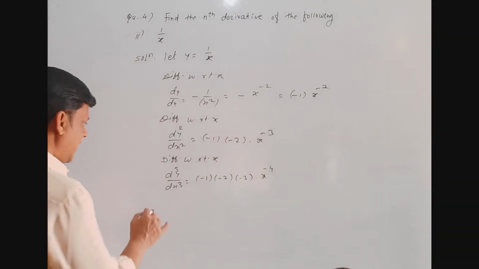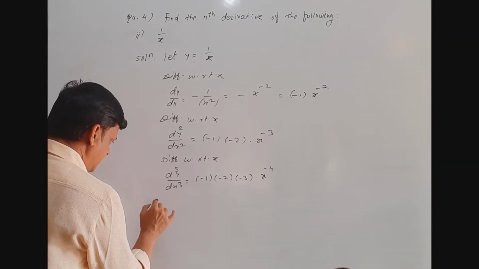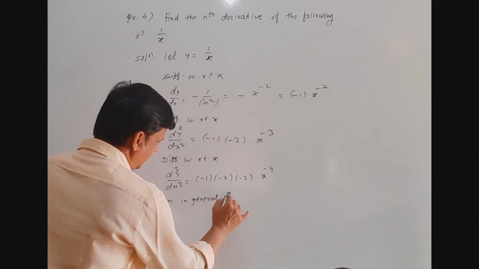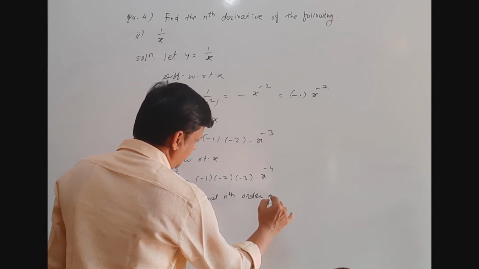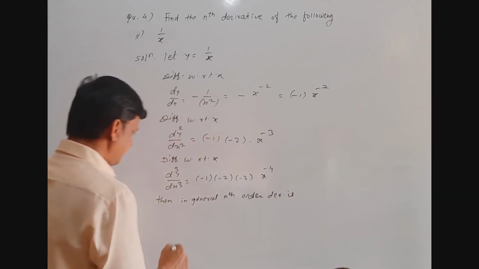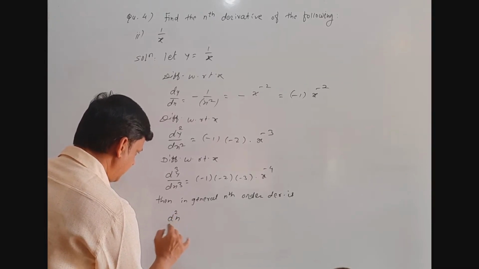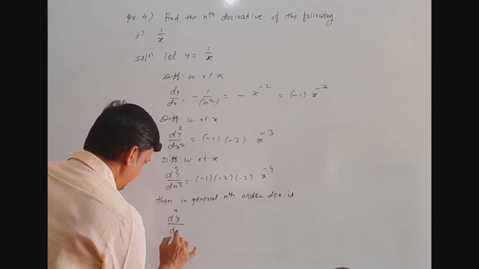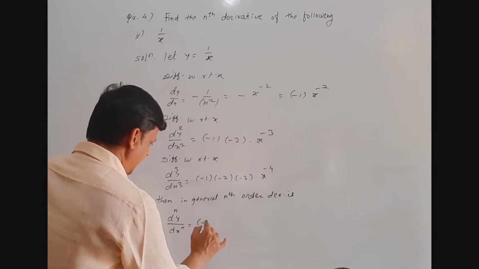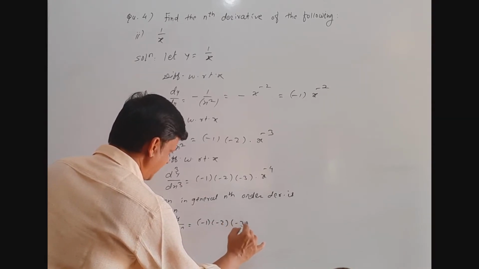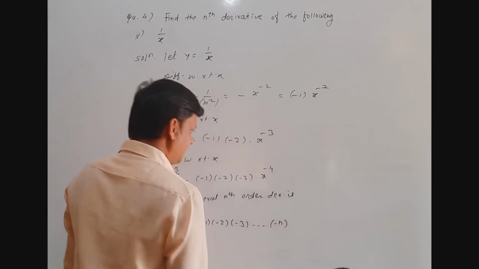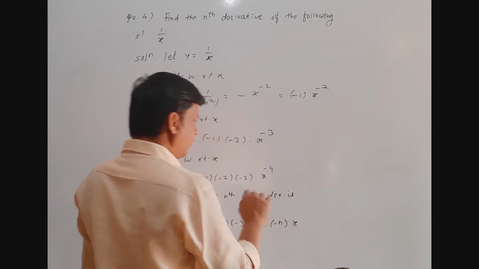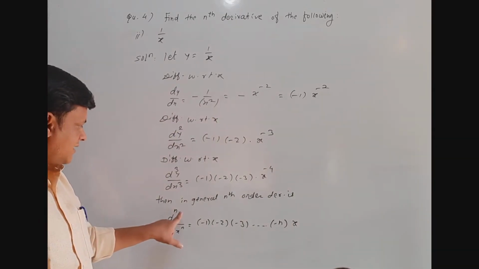So from this we write the nth derivative. In general, the nth order derivative d^n y by dx^n is equal to minus 1 into minus 2 into minus 3 and so on up to minus n. Then here we have to write the power of x, which is 1 less than this n.